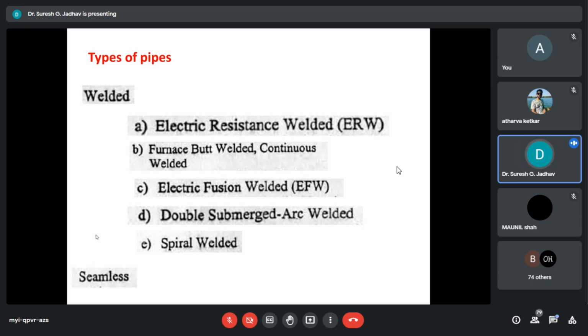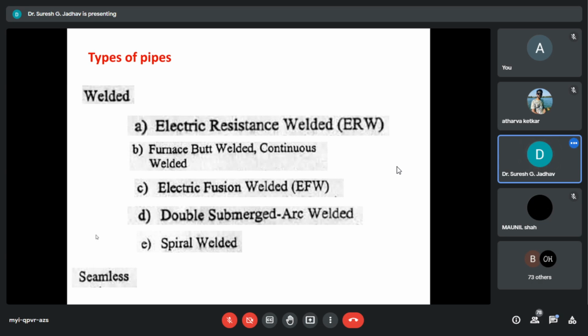Now next is spiral welded. In spiral welded, pipes have a helical seam with either a butt, lap, or lock seam joint, which is welded using either the electric resistance, electric fusion, or double submerged arc welding process.